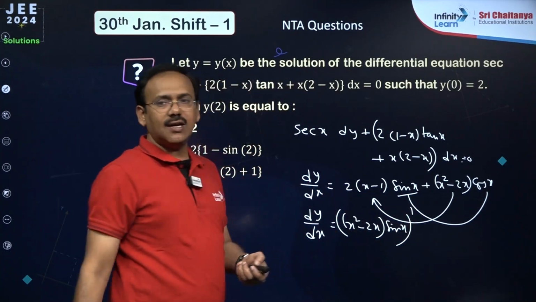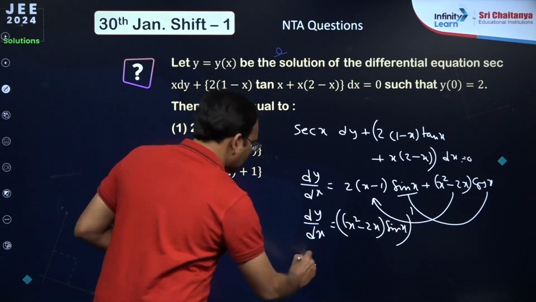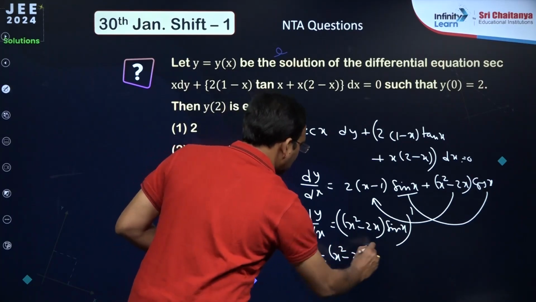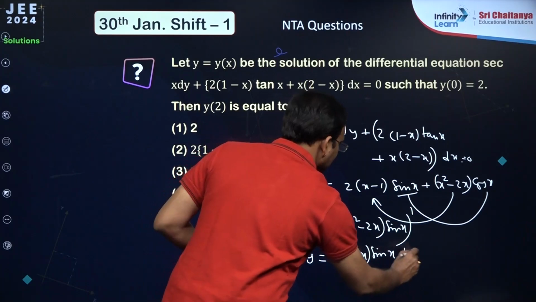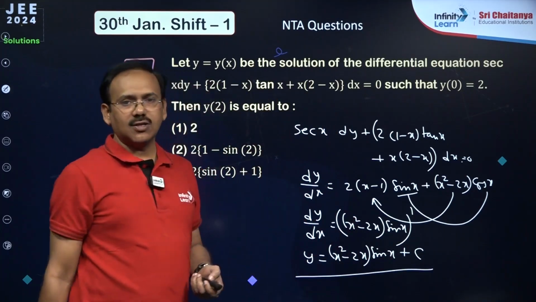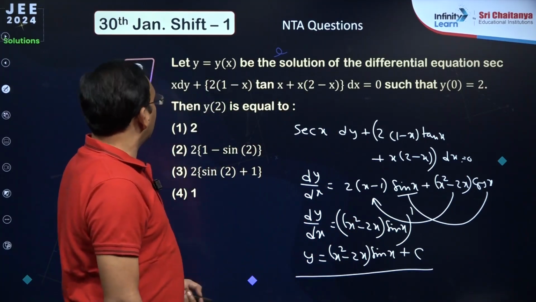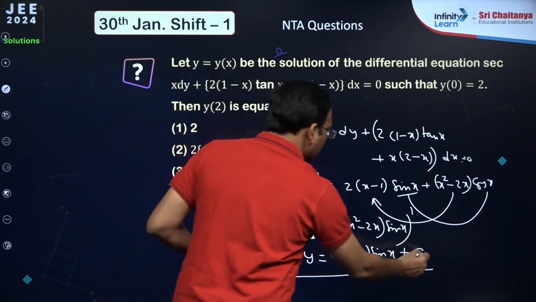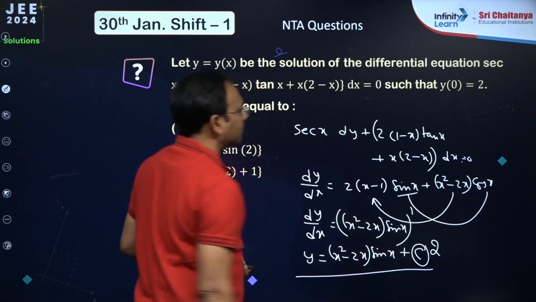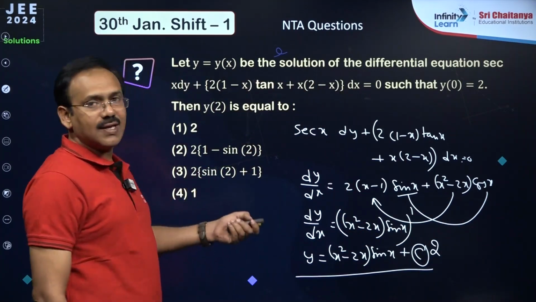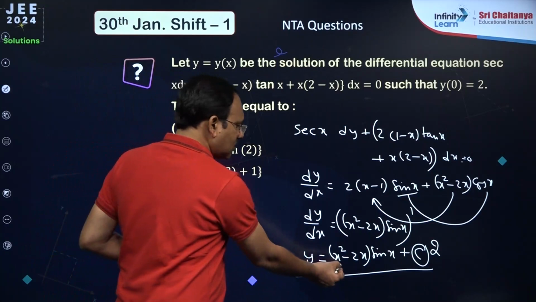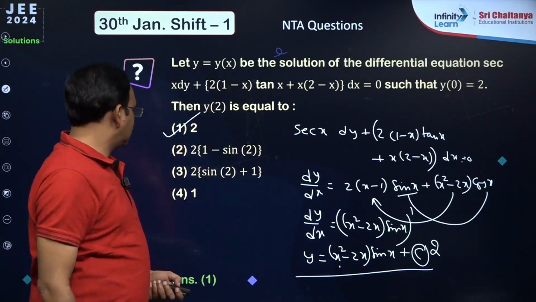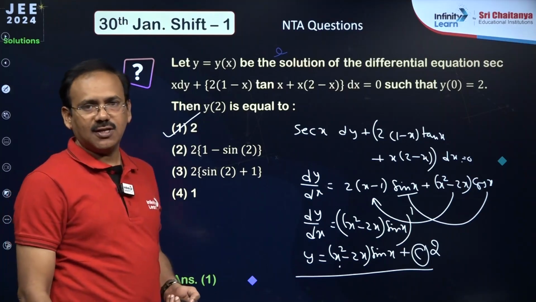You just integrate on both sides, you are going to get y is equal to x square minus 2x into sin x plus c, where c is the constant of integration. Now he has given y of 0 is 2, so c value must be 2, my dear friends. Now y of 2 he is expecting; if you put x is 2, this becomes 0, you will be left with 2 only. So the answer is the first option, dear students.